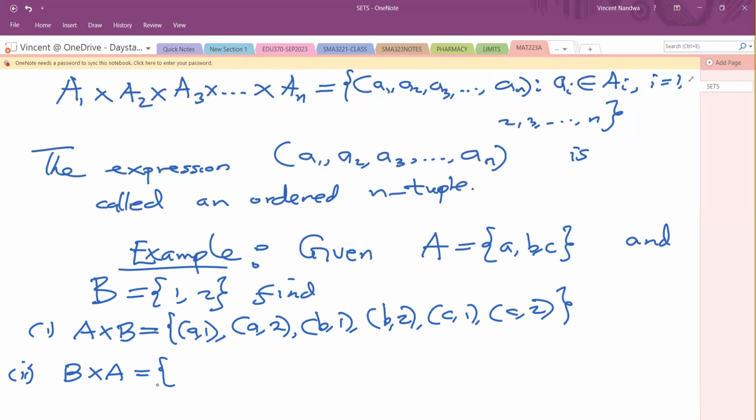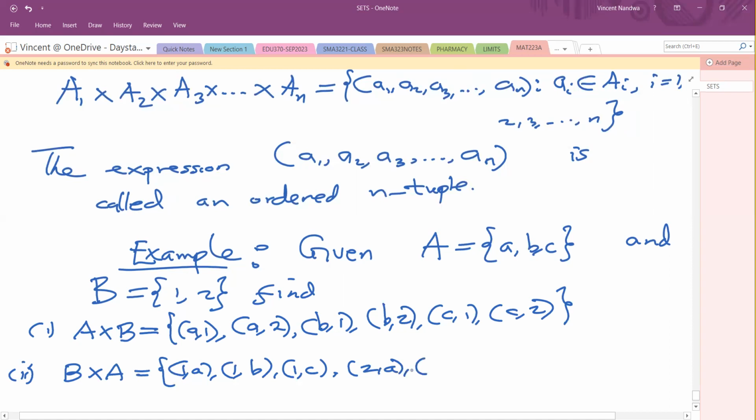So B cross A, what would be the first element? Following that same procedure: (1, a), followed by (1, b), followed by (1, c). So we have paired 1 with all the elements of A. Next, (2, a), (2, b), and (2, c), correct.